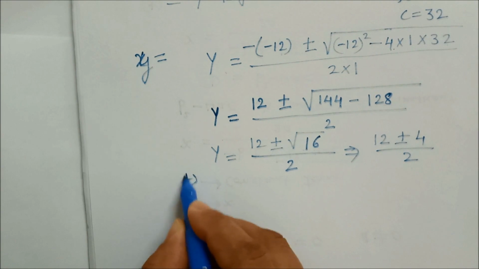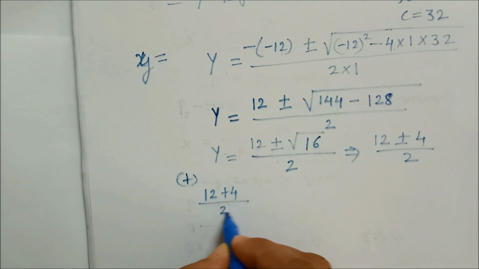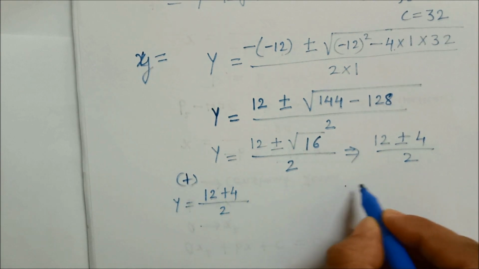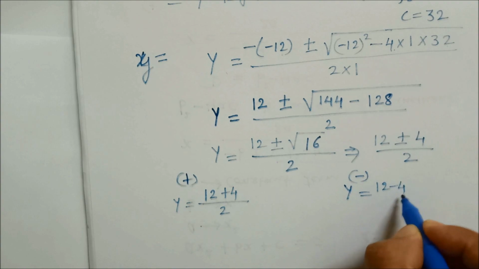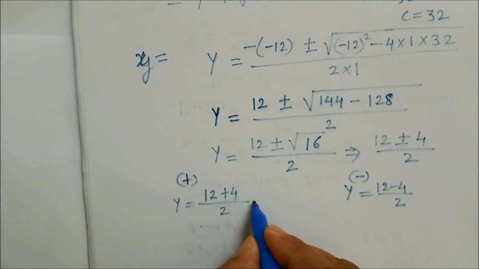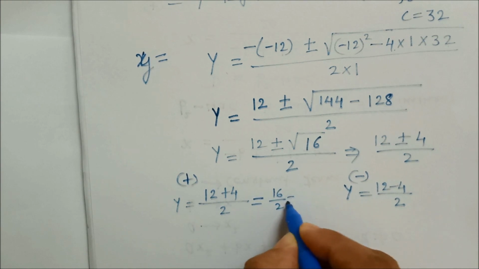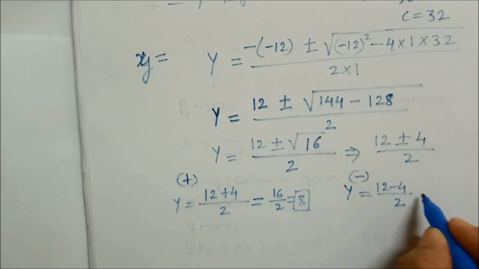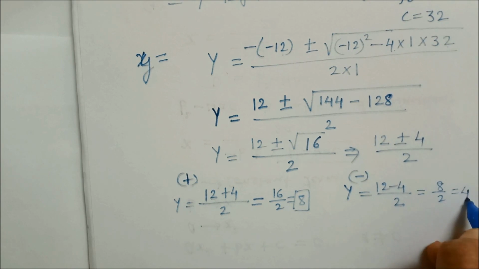For the plus sign, 12 plus 4 upon 2. For the minus sign, y is equal to 12 minus 4 upon 2. 12 plus 4 is 16, divided by 2 we get 8. 12 minus 4 is 8, divided by 2 we get 4.